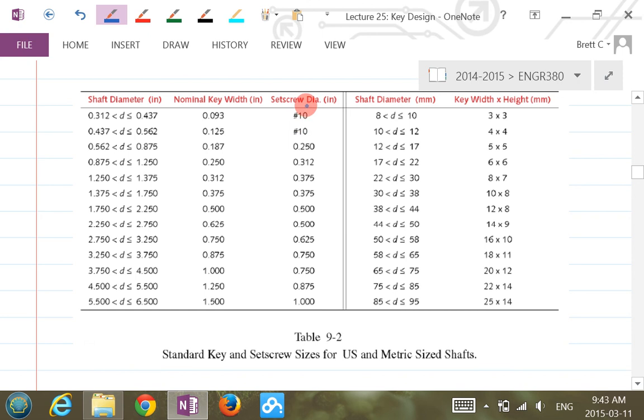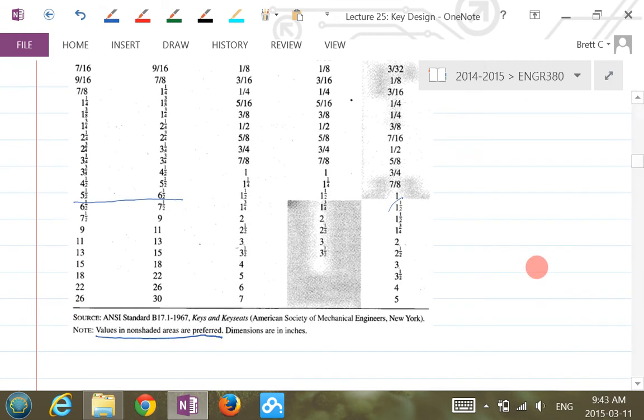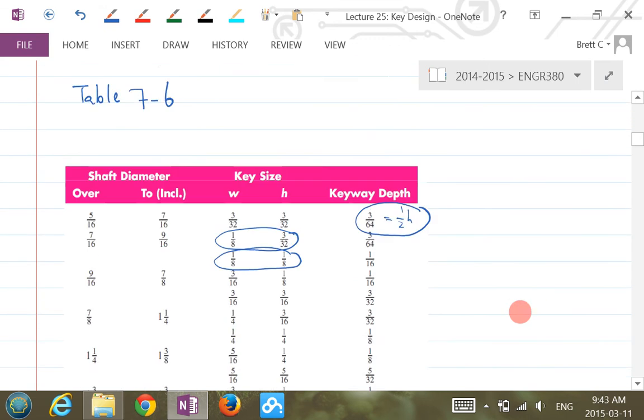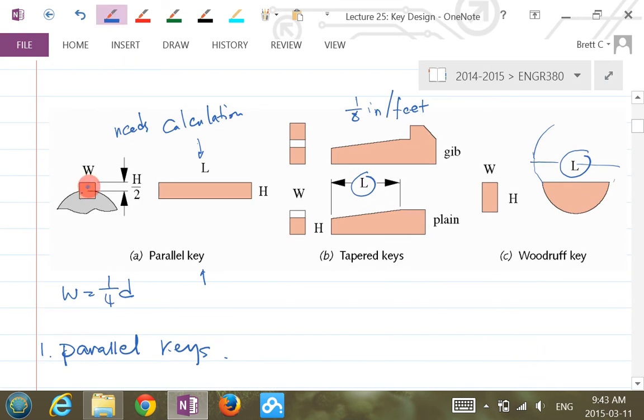What's good is it gives you a column called set screw diameter. Because when you have a key sitting in here, then you have a hub on the top.